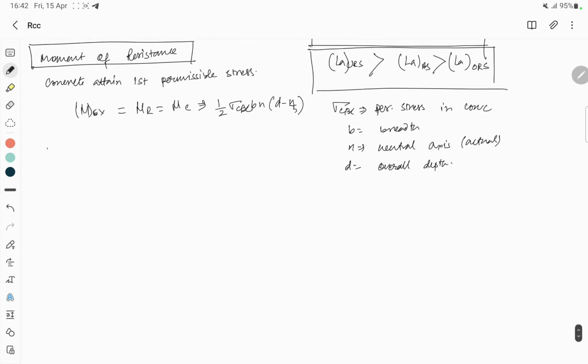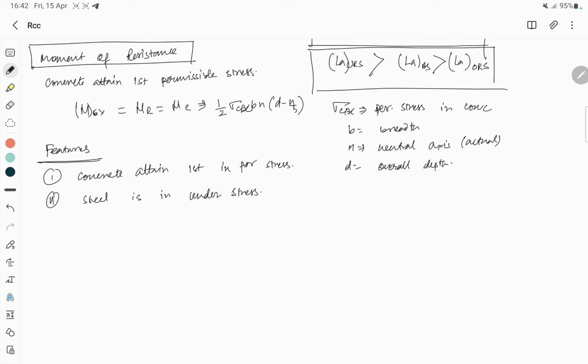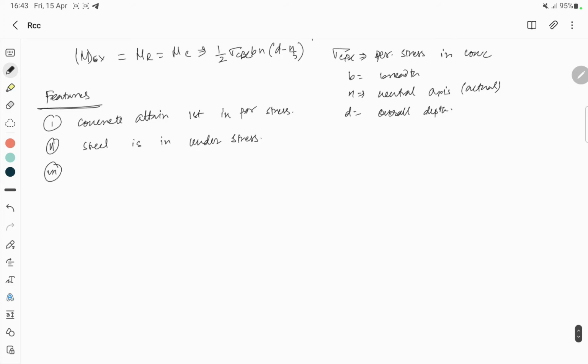Now we talk about a few features. Number one, concrete attains the permissible stress value first, whereas steel is under stressed. Number three, the material should be brittle because the lever arm is lesser than the balanced section.